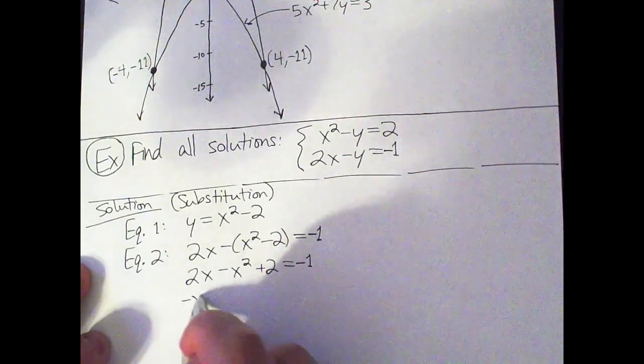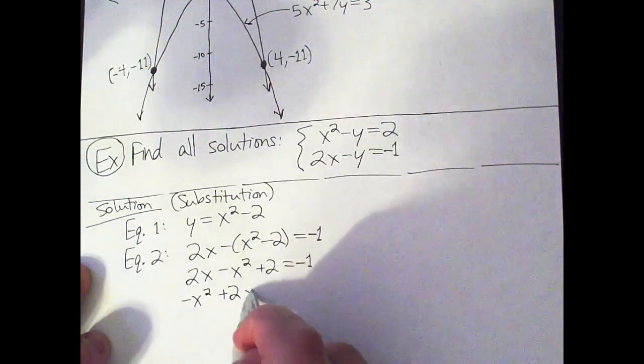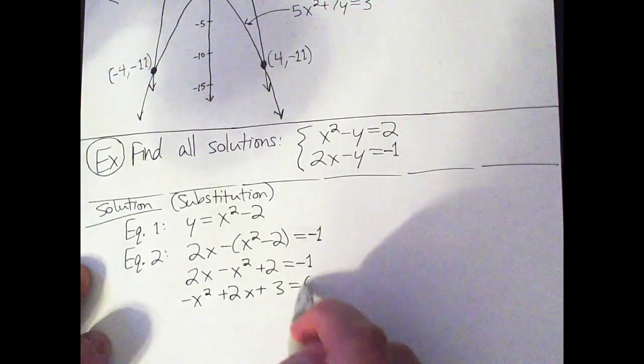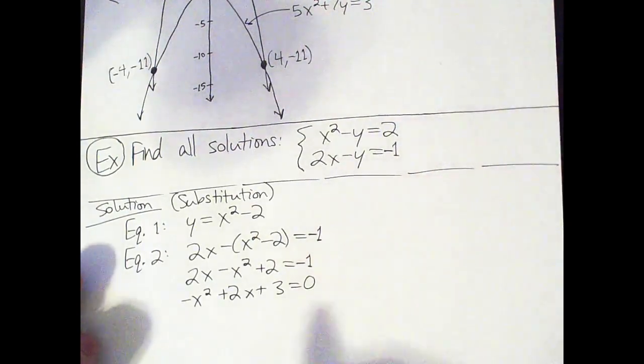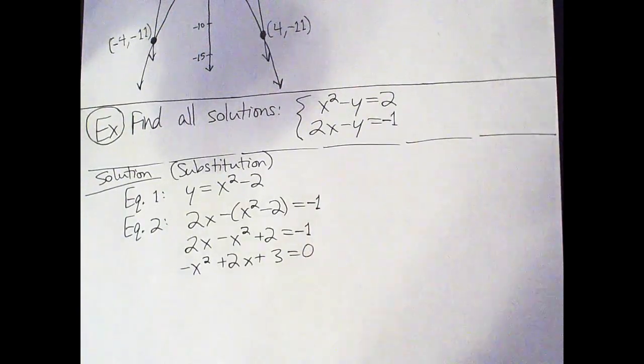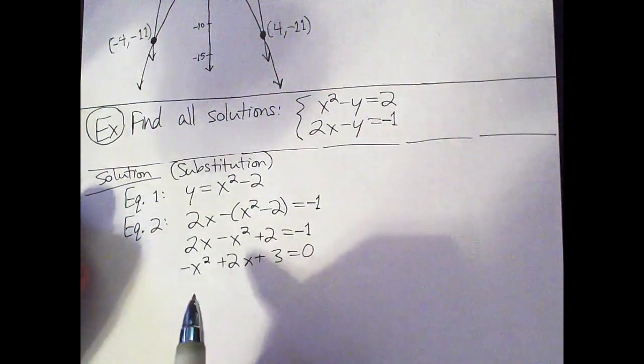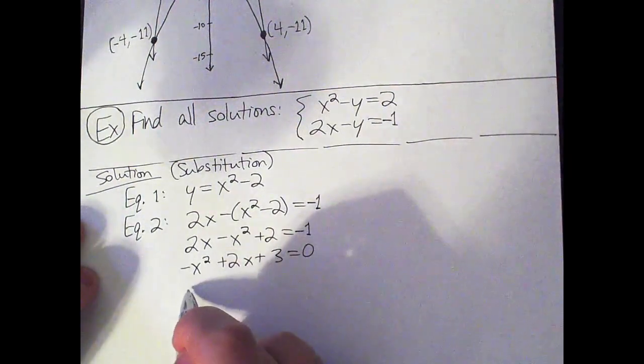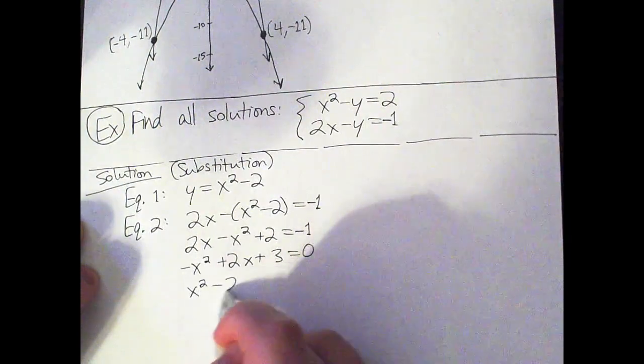I have negative x squared plus 2x plus 3 equals 0. It's a quadratic equal to 0, and I could try to factor it and see if I get some x values. Before trying to factor it, I decided to multiply it by negative 1.